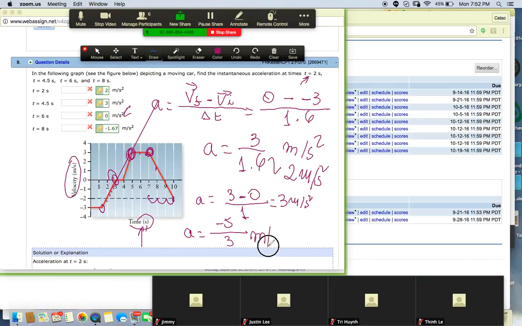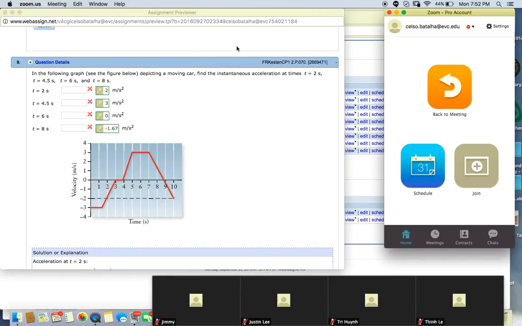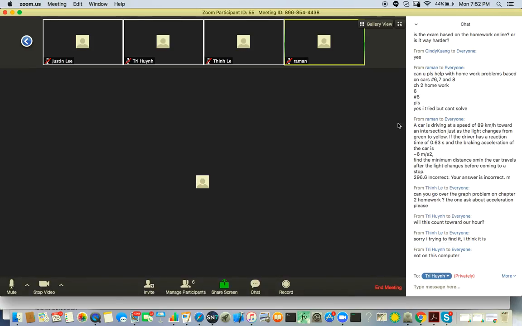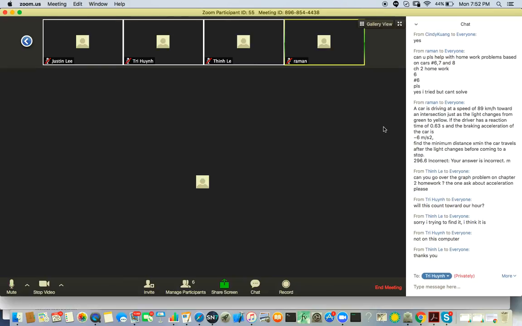And this is meters per square second. Okay, good enough? Good enough? All right, very good.